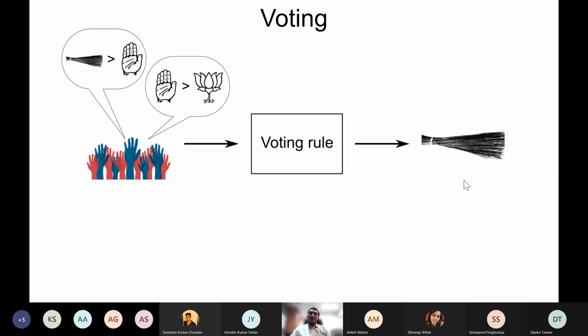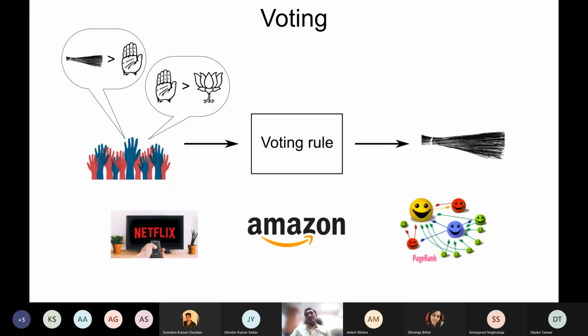Now, although I've illustrated voting in the context of political elections here, its applications are much broader than that. In things like recommendation systems, you use ideas from voting in aggregating user preferences over movies or products. And the way Google ranks its pages when you enter a search query using the PageRank algorithm, that's an example of a very expensive voting rule. So there are some high profile applications.